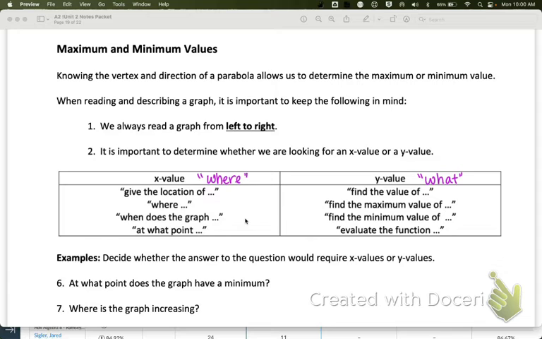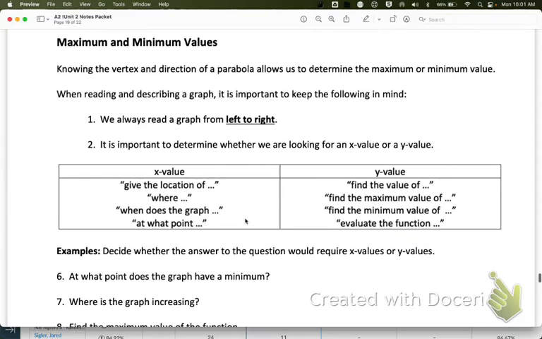Now, y values are asking for what does the graph have? So those would be things like find the value of the maximum, find the maximum value, find the minimum value, evaluate the function. That would also be things like find f of x. What is the value of the function? Those are always talking about y values, okay?